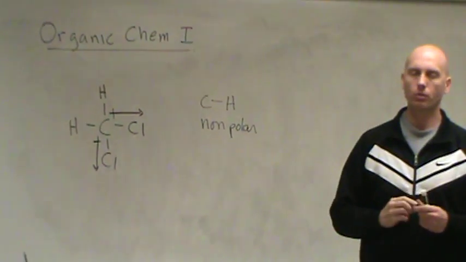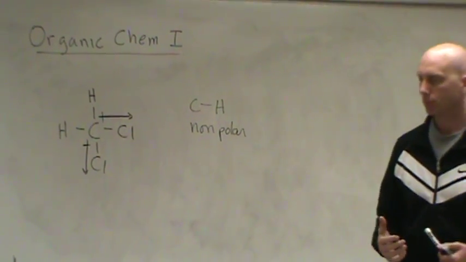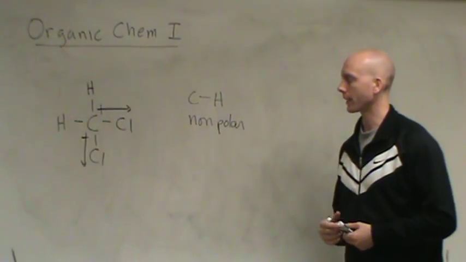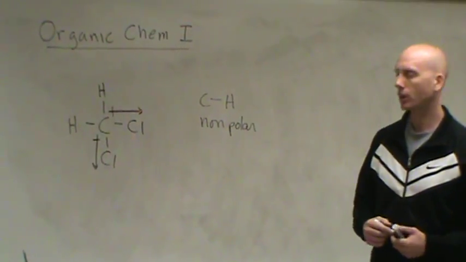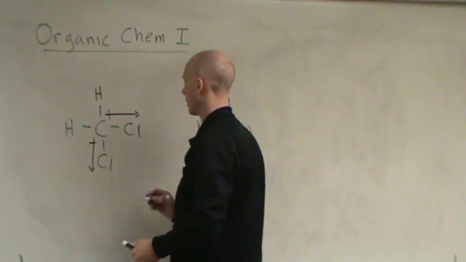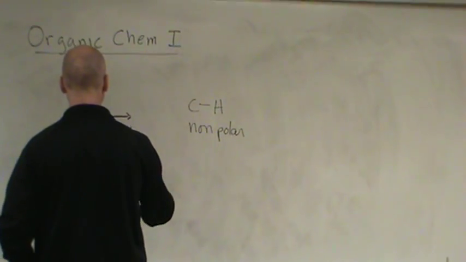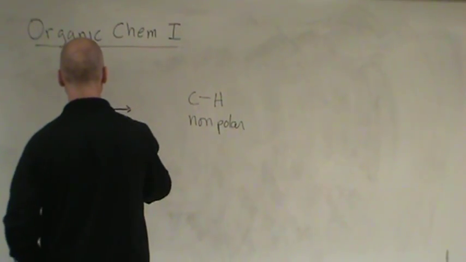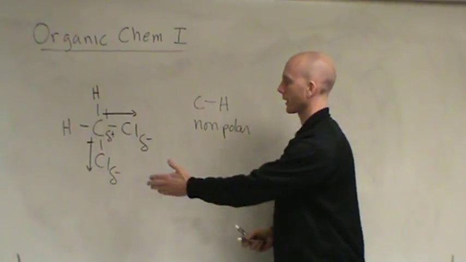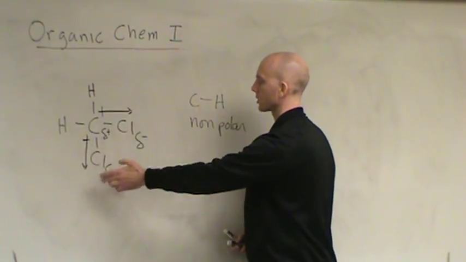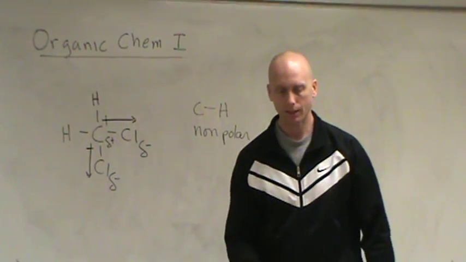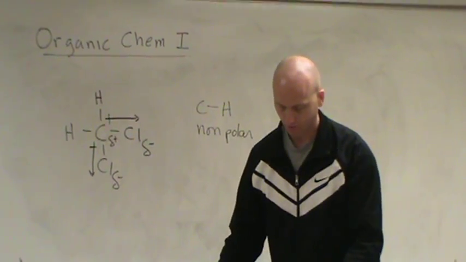Okay? So if on an exam I ask you to draw the partial positive and negative charges on a molecule, never put them between carbon and hydrogen. For this one here, you would show it like this, the two chlorines delta minus, and the carbon being delta plus.